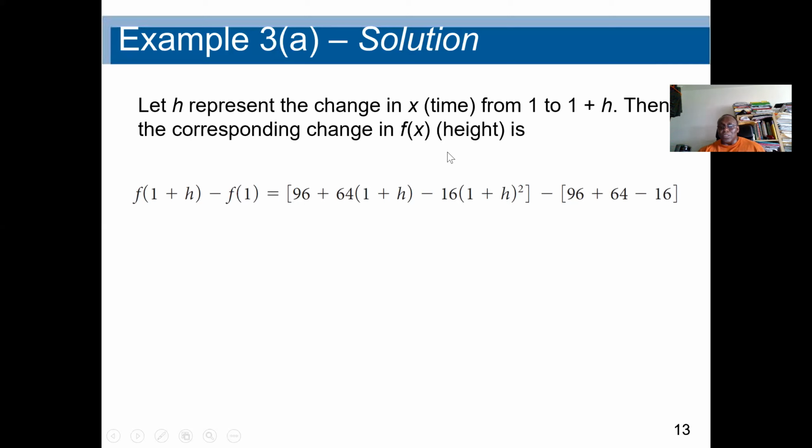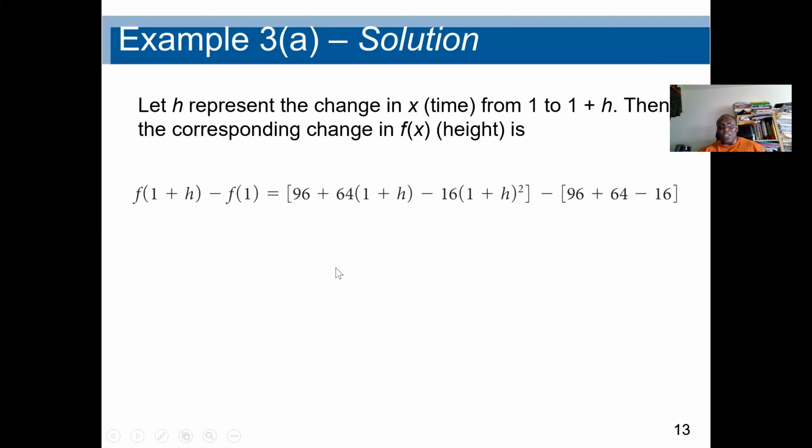So everything here is only for f of 1 plus h. Now minus the second part, which is f of 1. So anywhere I see x, I'm going to substitute it with 1. So I have 96 plus 64x, it will be 64 times 1, minus 16x squared, it will be 16 times 1 squared, which will be 16.